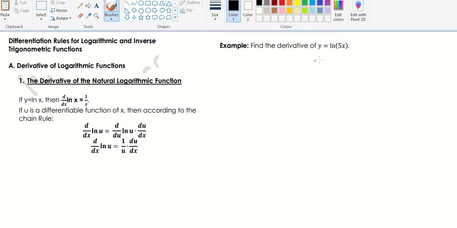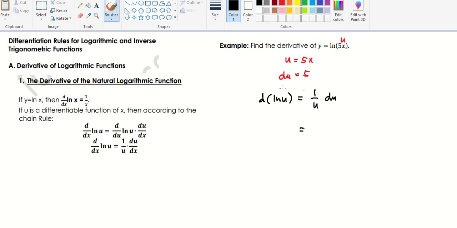We have here the derivative of y equals ln 5x. Alright? So, as you can see, our u here is 5x. Now, if that is our u, our du is 5. Alright? And then, let's just proceed to using the formula. So, our formula is the derivative of ln u is equal to 1 over u du.